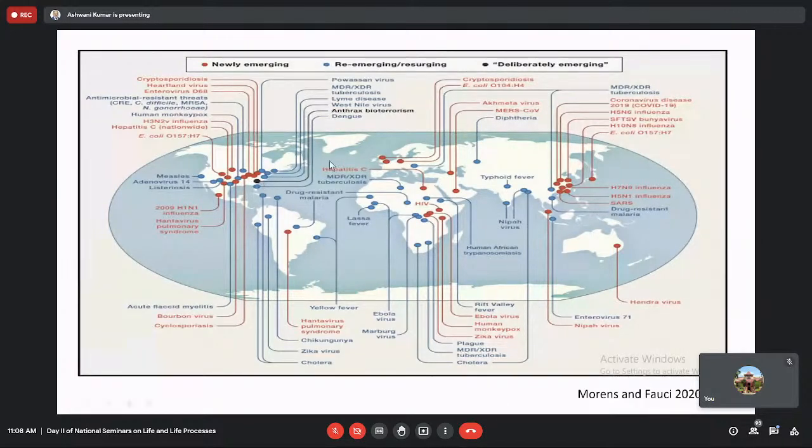What does this show? There is one cluster in China where new infections are emerging in this region over and over again. And in the US as well, you see a large number of new agents, and of course re-emerging infections are becoming common over a period of time.